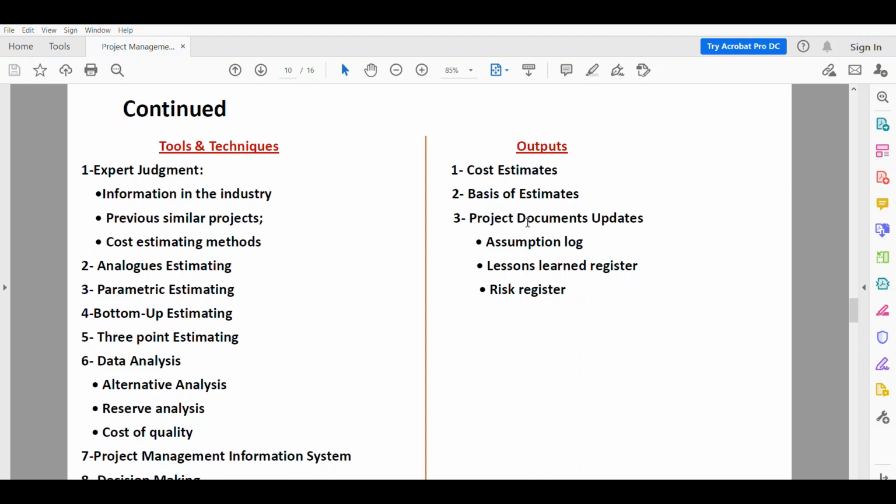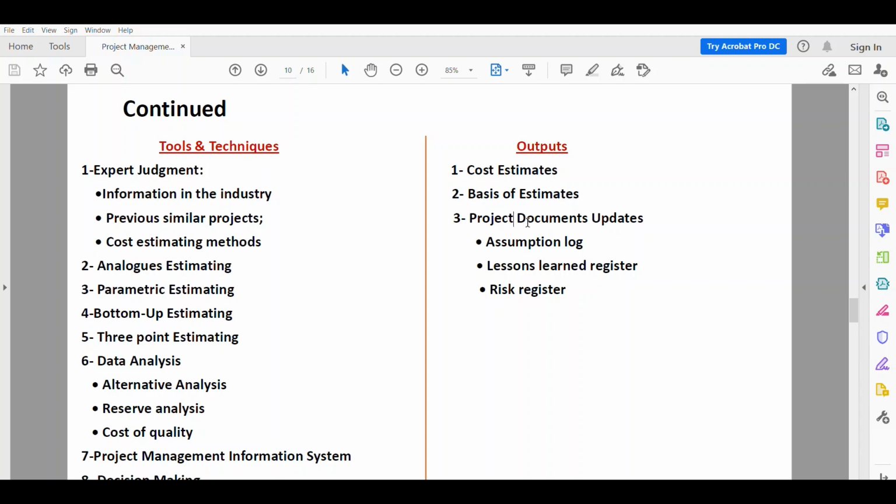The basis of estimates, I just want to talk about the cost estimates. So the cost estimates, the first output of this process. Cost estimates include quantitative assessment of the probable cost required to complete project work, as well as contingency amounts to account for identified risk and management reserve.